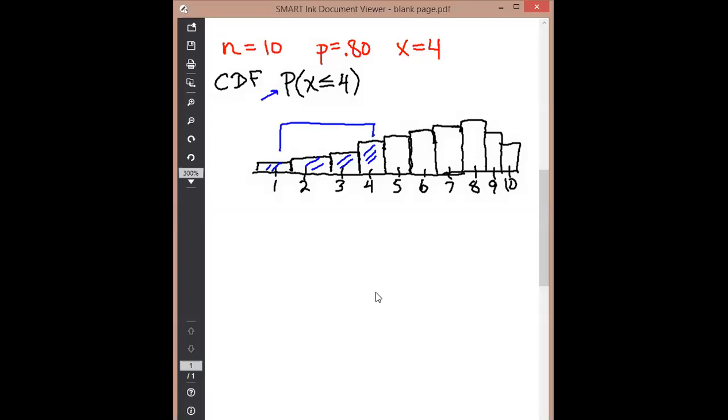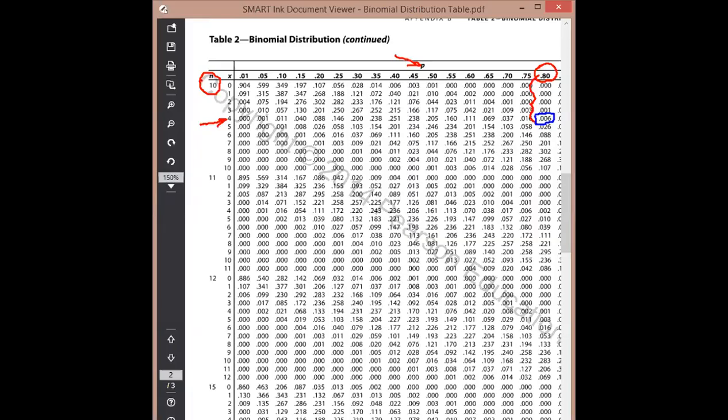If we go back to that binomial table, for that probability that x is less than or equal to 4, again we go to where n is 10 and x is 4, and you're adding all of these together.